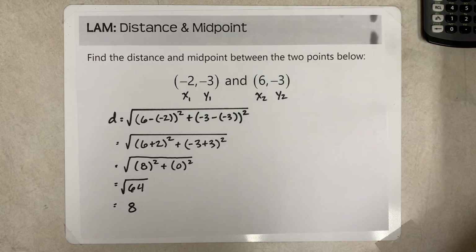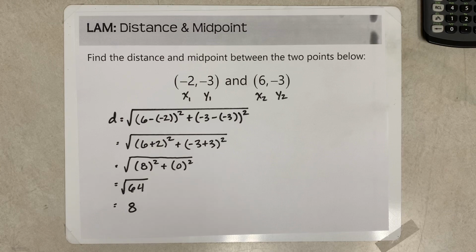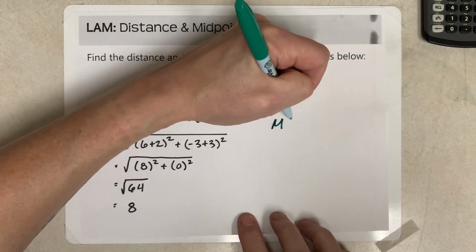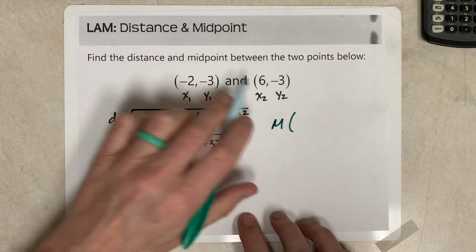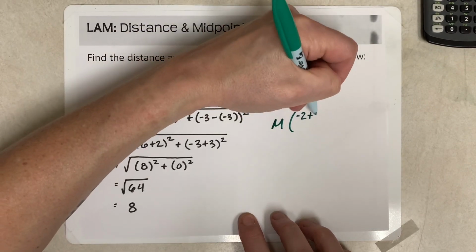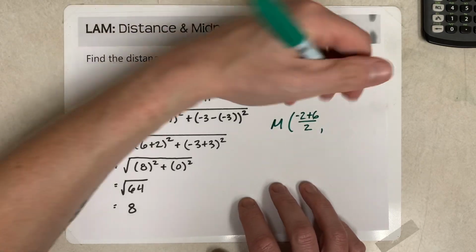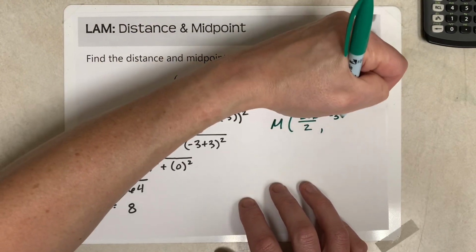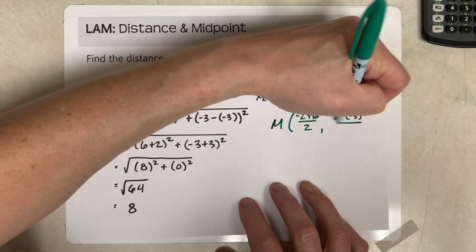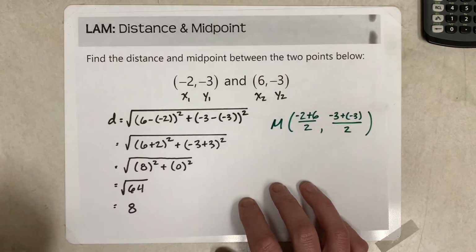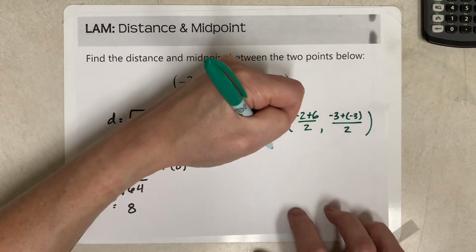Now, if we want to find our midpoint, we'll do that on the right-hand side. The midpoint is going to be negative 2 plus 6 over 2, comma, negative 3 plus negative 3 over 2. And then we simplify that.